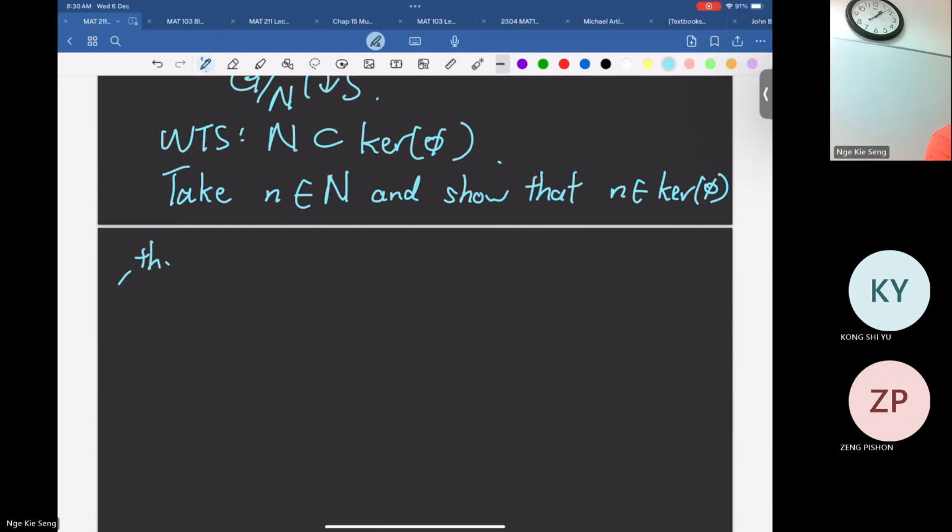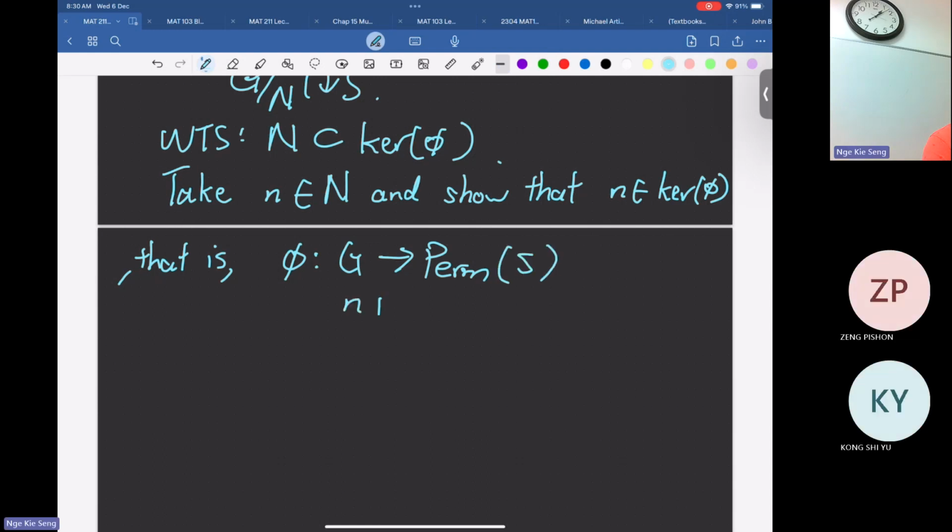That is, in the permutation representation, n gets sent to the identity. So we're going to check whether this is true.